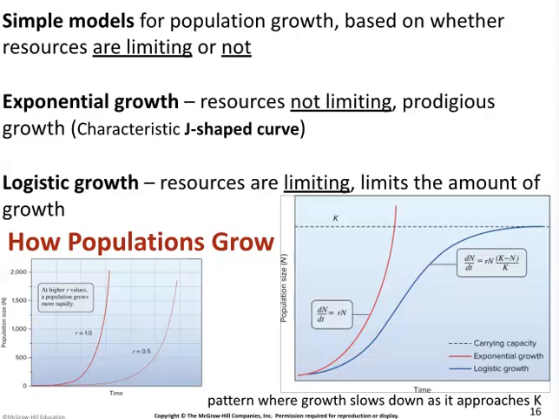Logistic growth curves look like S's. And the reason for this is because the logistic curve has limiting factors, things like habitat, food, other requirements for survival. And so the limiting factors limit the amount of growth that a population can have.